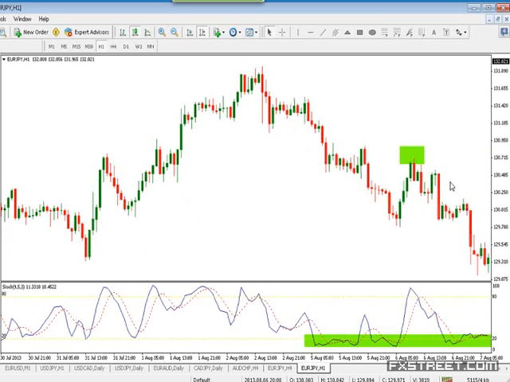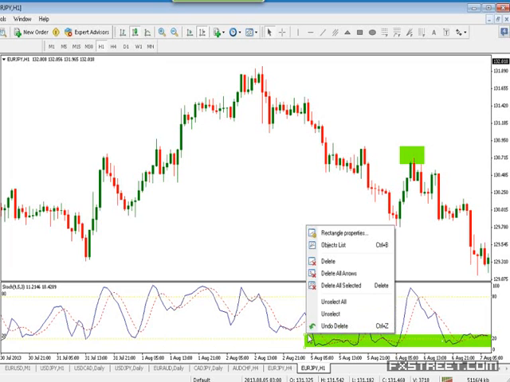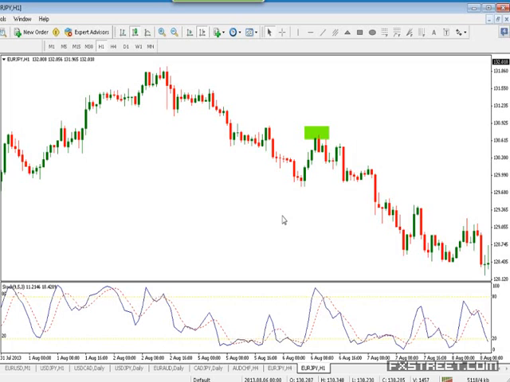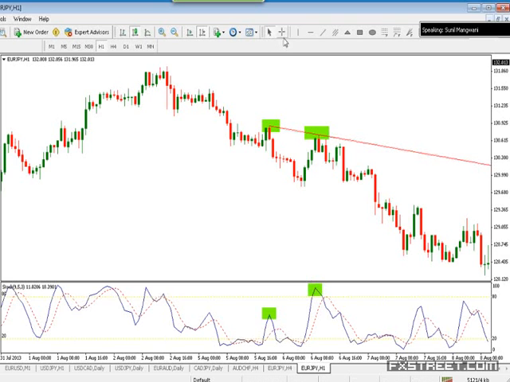But if you observe this particular pullback, and if you observe the value of the stochastic, it creates, let me just put it as the rubber band effect. Now, if you compare the peaks of the previous high of price and the peak of the previous stochastic, can we see that this has been a pullback where price has made a lower high, but your stochastic has stretched to a higher high?